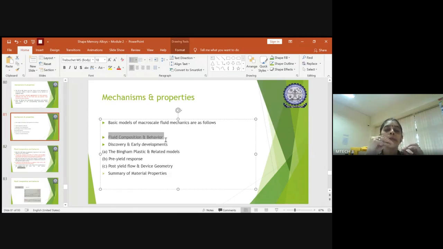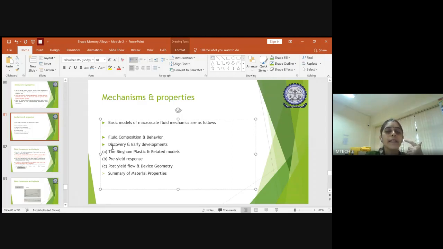And how does the fluid you are using behave when it is subjected to pressure, if it is the case of MR fluid, or else how the fluid behaves when it is subjected to an electrical field if it is an ER fluid. So you have to analyze the composition of the fluid and its behavior. So this is the one thing we have to understand in a basic model for macro scale fluid mechanics.